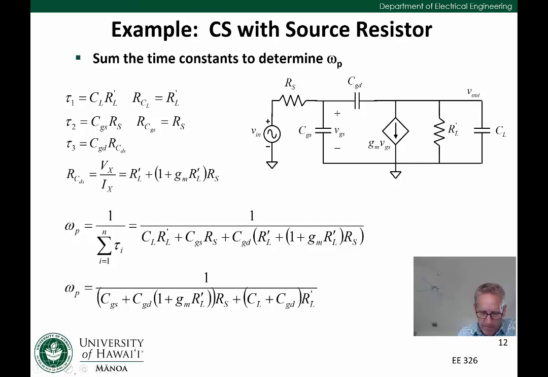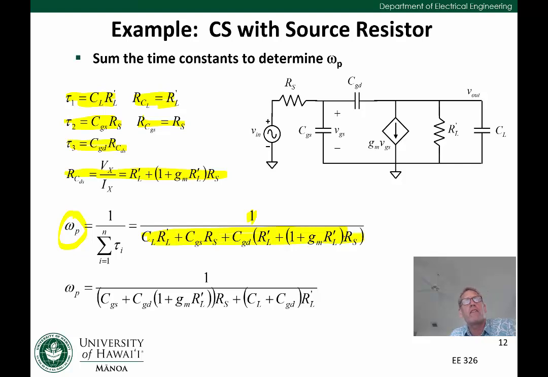So we have tau 1 right here, tau 2 right here, and tau 3 right here, with each of their resistance values next to them, right? And then we can say that the omega p for this circuit is approximately 1 over the sum of the taus, which would give us this equation here, right?